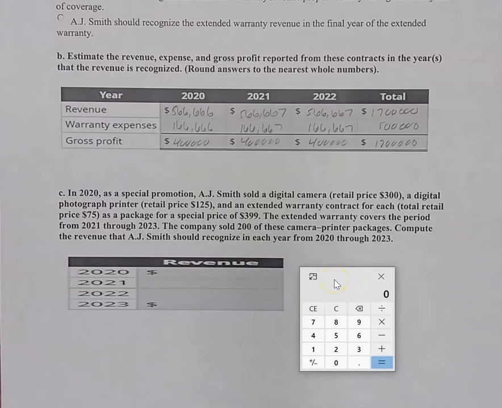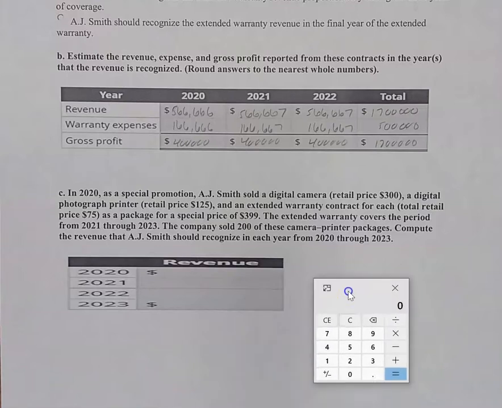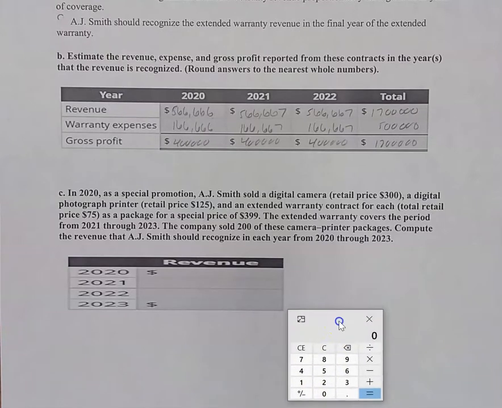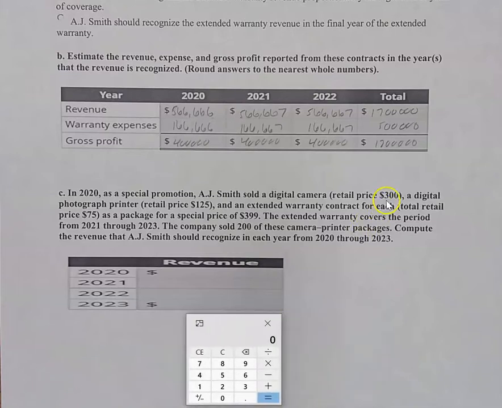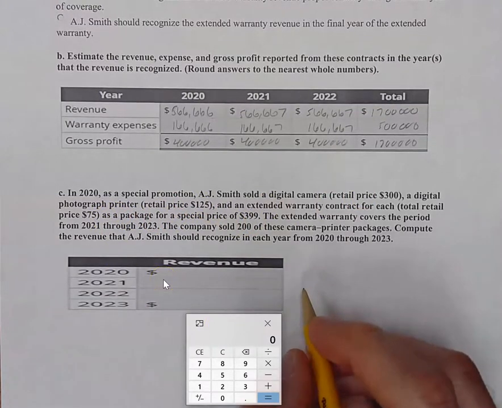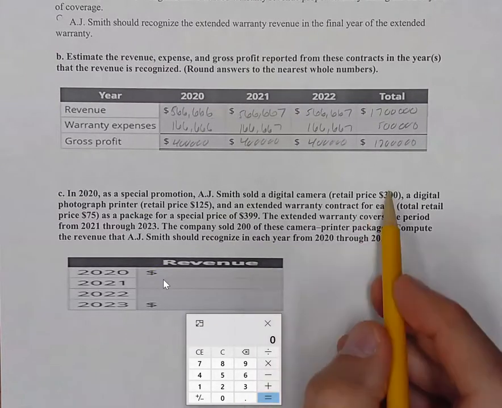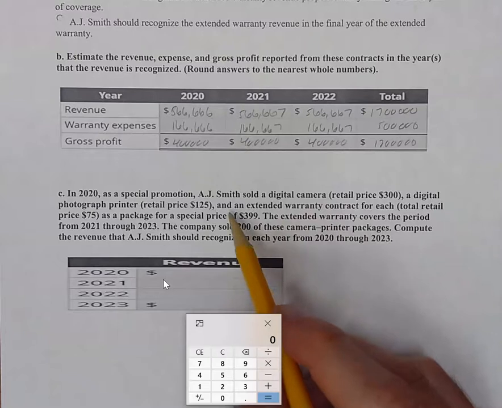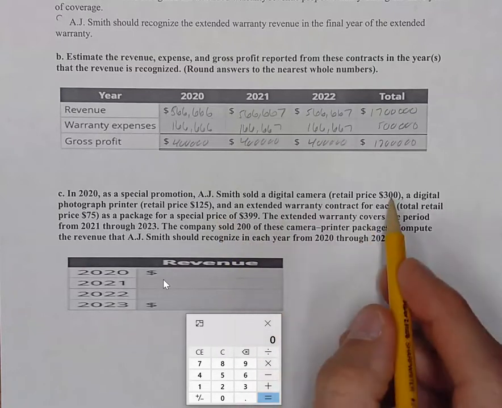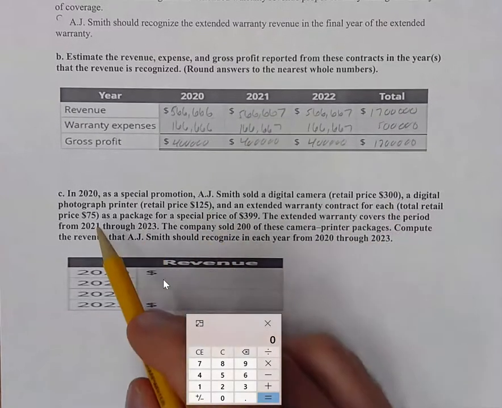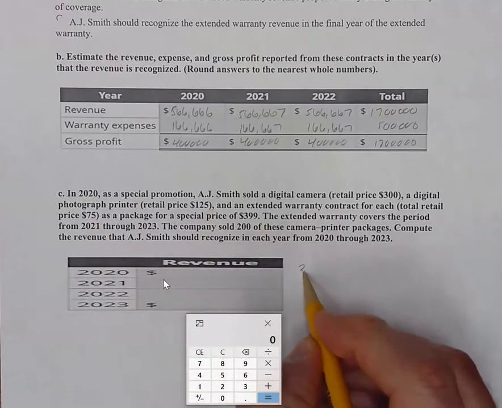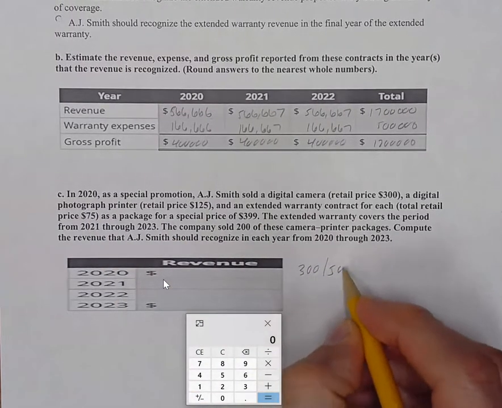What we want to do is we want to do a couple of things. The first thing that we want to do is figure out what the weight is of each of these 3 items, right? And there's a reason why we're going to have to do that. So we've got a $500 value in total, and we're going to divide each portion of the package by the $500 total value to come up with a decimal.